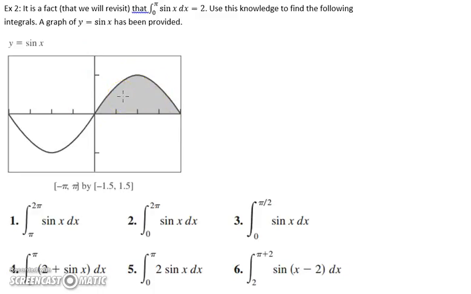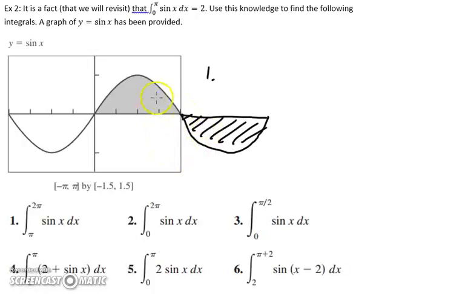There are a couple of weird things that are going to happen as far as what we're talking about with area. If we look at 1, they want the integral from pi to 2 pi. If we were to extend this graph, here's pi, we go like this and get to 2 pi. So we'd have this area down here below the x-axis.